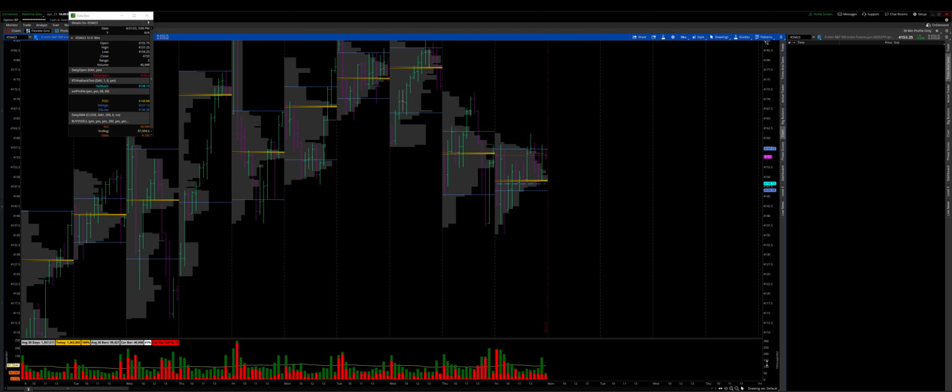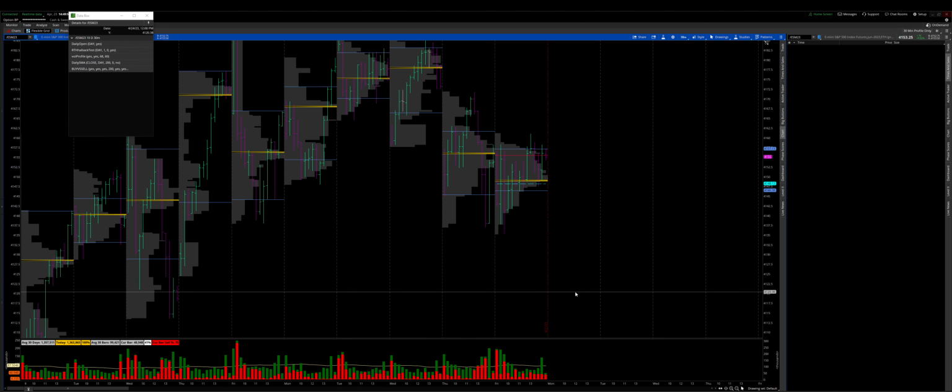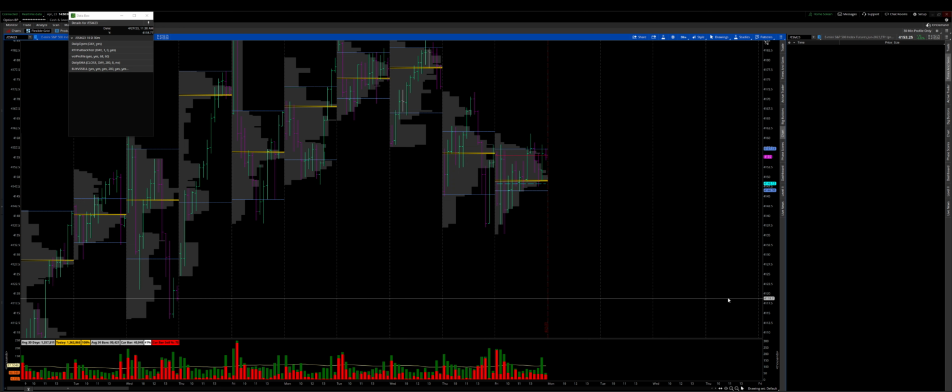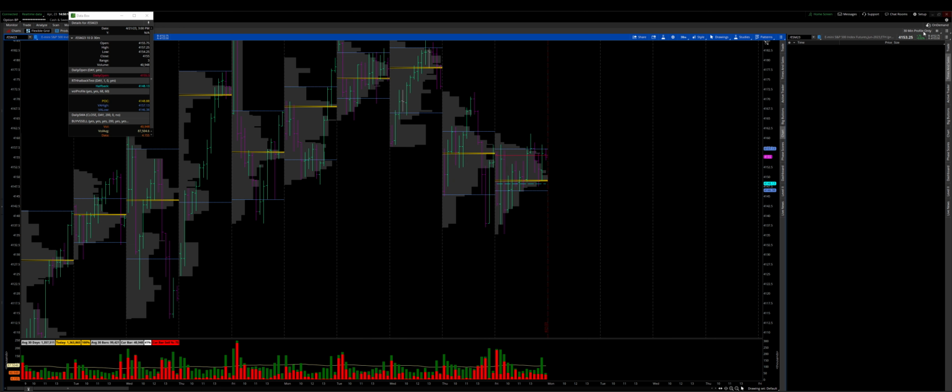Try to avoid getting analysis paralysis in the smaller time frames, and then obviously I have my time and sales over here set up. But that is the extent of my workspace. Nothing too crazy. Try to keep it pretty simple, and then obviously I keep my drawing sets down here on the right. I have different things.